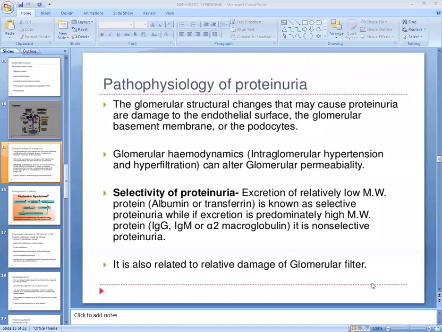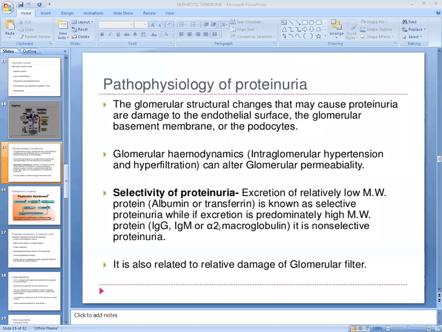Many times this loss of protein is selective. Selective means only some proteins are lost. Excretion of relatively low molecular weight proteins like albumin and transferrin is called selective proteinuria.